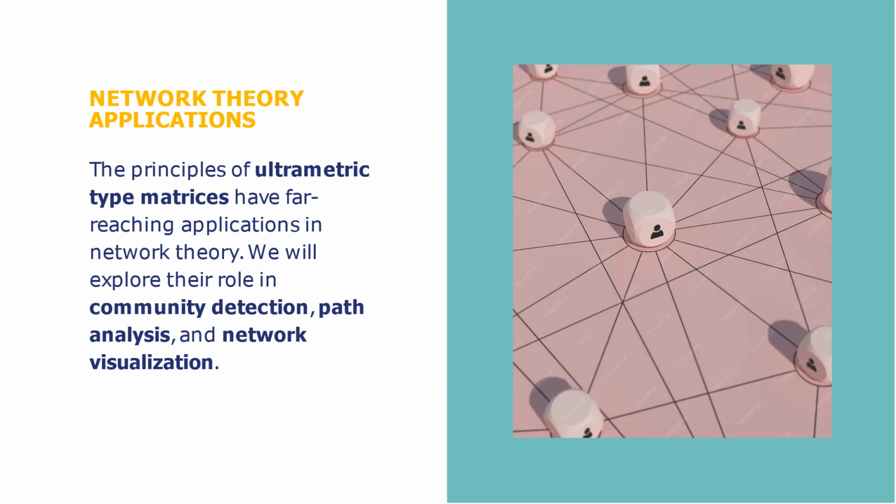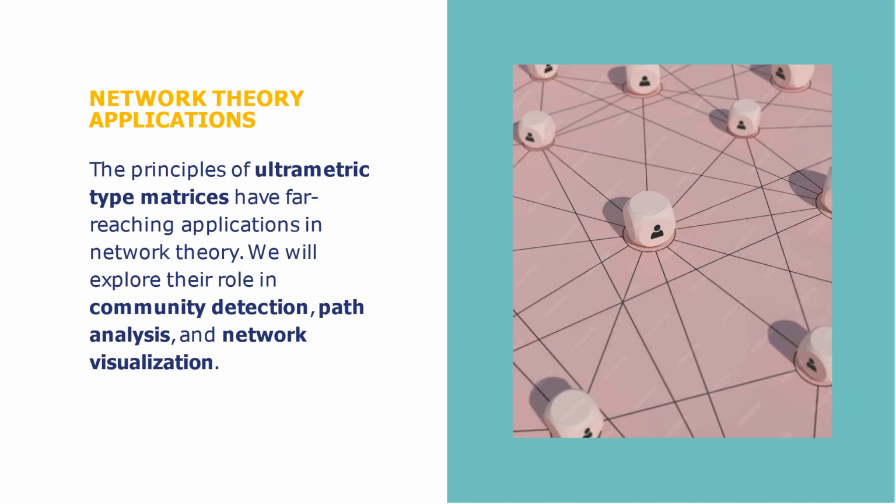Network theory is a branch of graph theory that studies the structure and properties of networks, which are collections of nodes and edges that represent some kind of connection or interaction. Network theory has applications in many disciplines such as physics, biology, computer science, engineering, psychology, and economics.